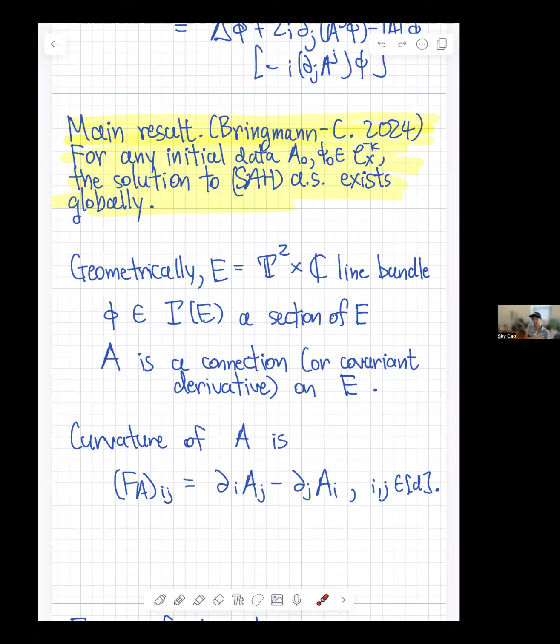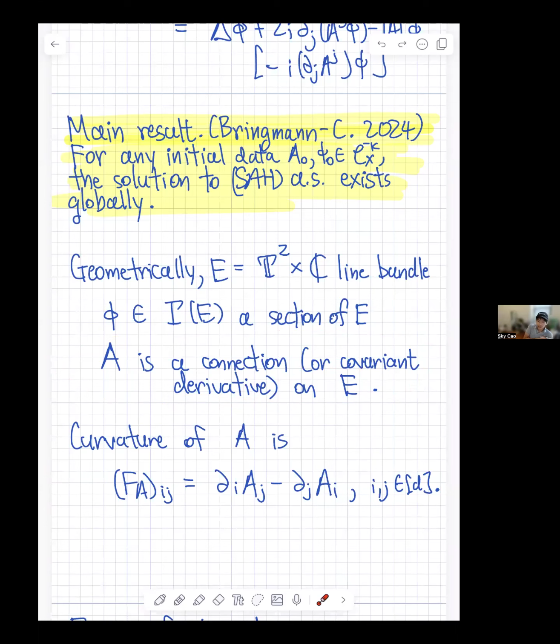In the case of a trivial line bundle, you can think of phi as a complex valued function, but geometrically, what it really is is a section of the line bundle. And A you should really think of as a connection or a covariant derivative on the bundle E. It basically gives you a way to differentiate sections, a notion of covariant differentiation. That's what A really gives you.